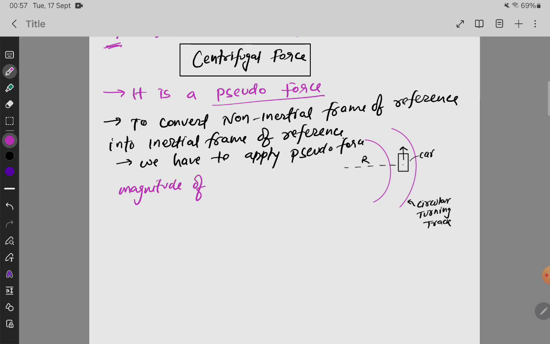Here pseudo force is nothing but centrifugal force only. So the magnitude of centrifugal force will be the same as the magnitude of centripetal force.